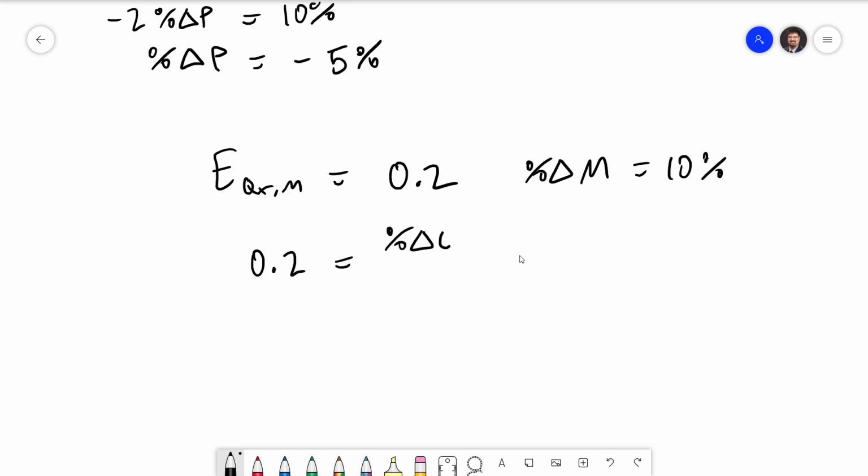We don't know what our percent change in the quantity demanded is, but we know that the income is changing by 10%. Multiply both sides by 10%, and we would get percent change in quantity demanded will be 2%. When the income goes up by 10%, we expect the quantity demanded to go up by 2%.